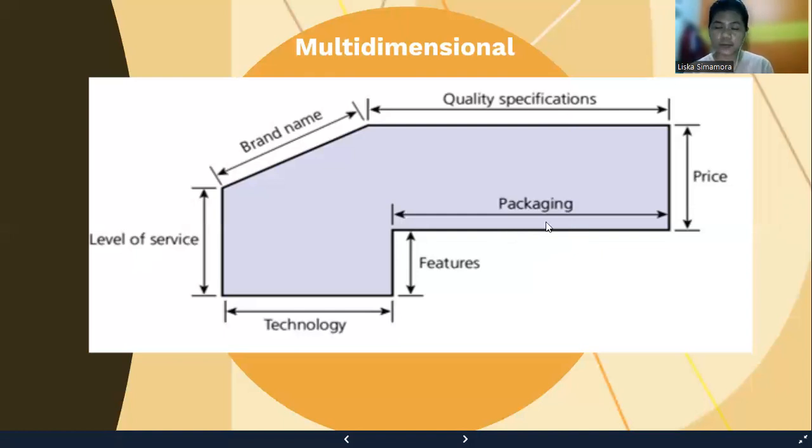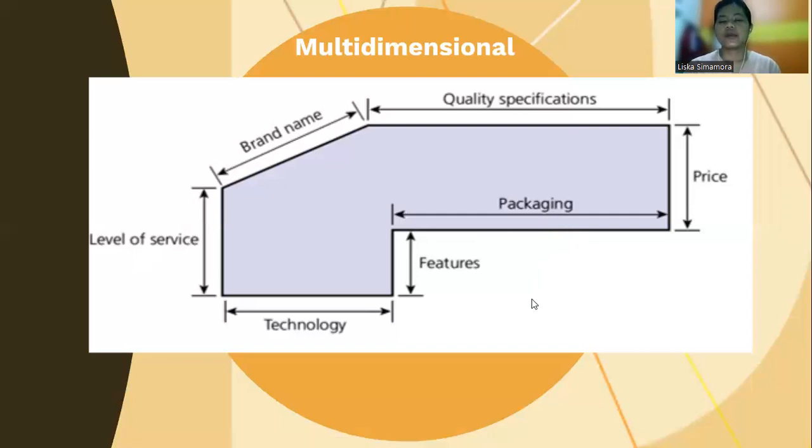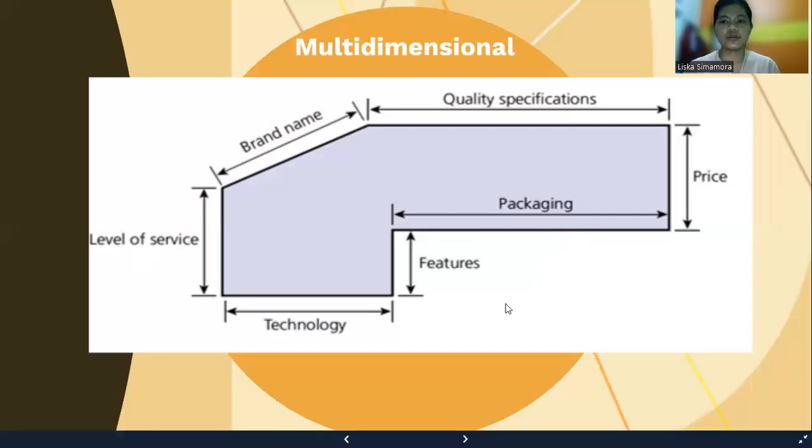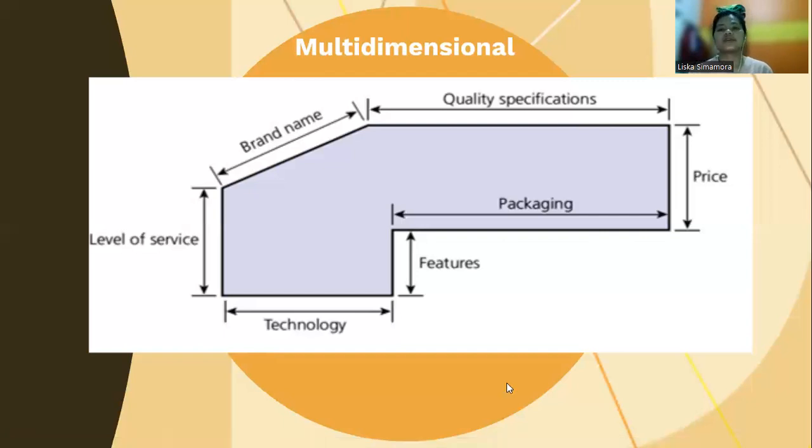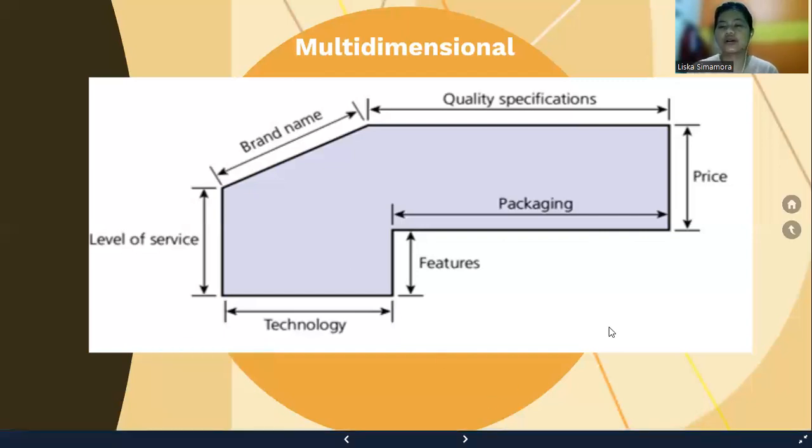Maybe they changed their packaging, or maybe you defined the new product based on the features or the technology they use. Okay, so now check. There's nothing wrong if you define the new product according to this dimension.